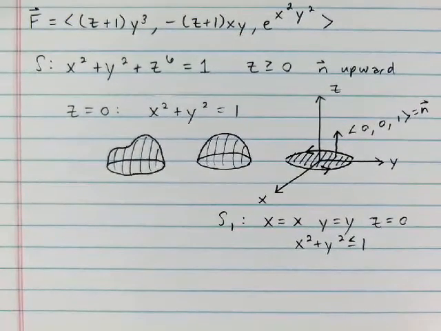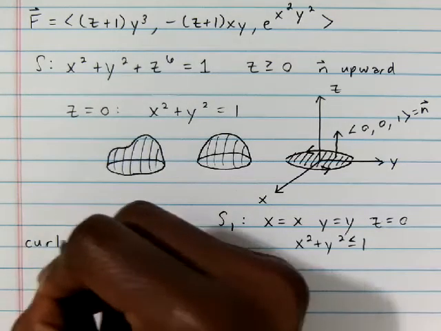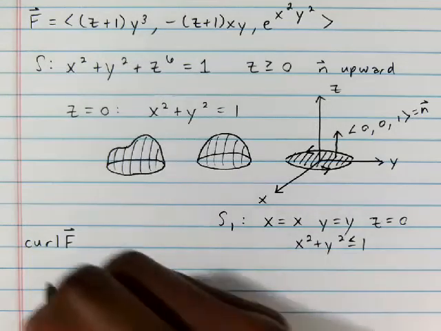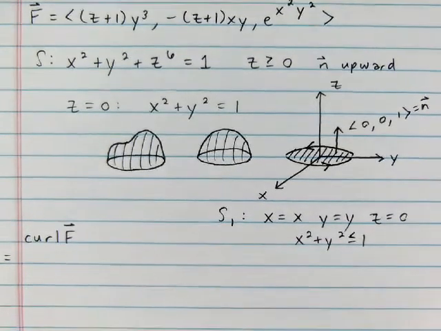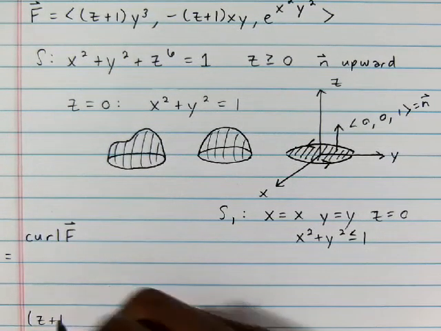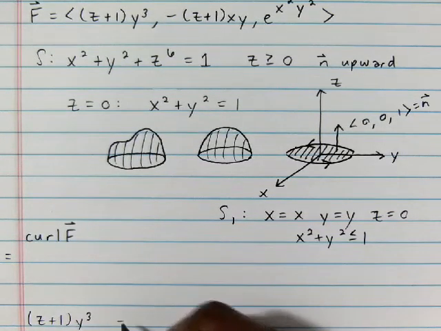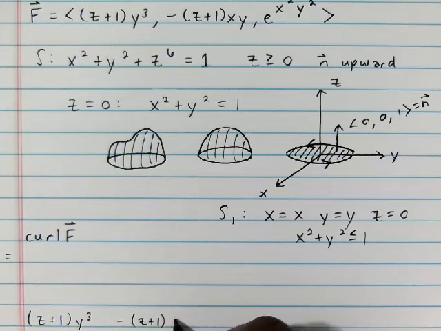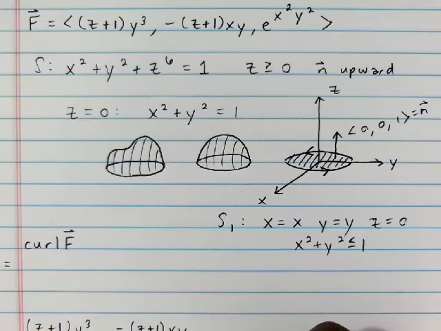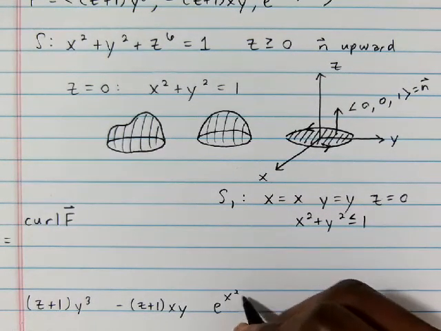All right, so now we need to compute the curl of this vector field. So curl of F equals, I'm going to need some space for this, (z plus 1) quantity cubed, (z plus 1) times y cubed, sorry, and then negative (z plus 1) times xy, and then e to the x squared times y squared.